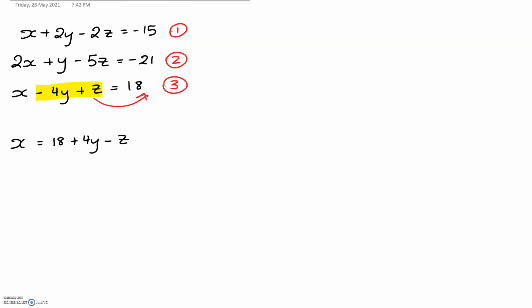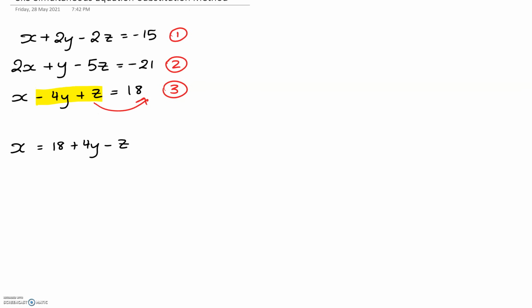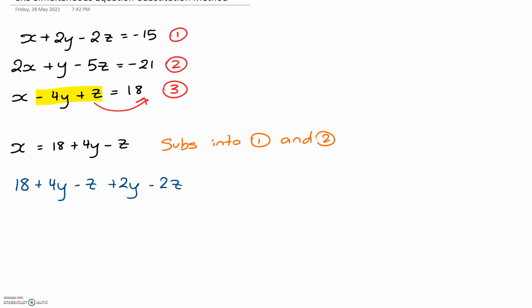Cool. And now what I'll do is I'll substitute this into equation 1 and equation 2, and I'll simplify it. Okay, so substituting into equation 1 first, we replace the x with 18 plus 4y minus z, plus 2y minus 2z equals negative 15.